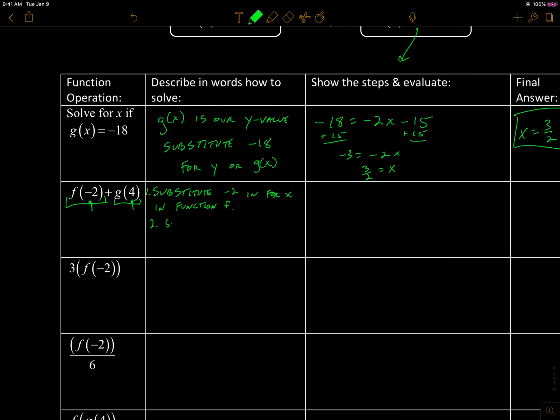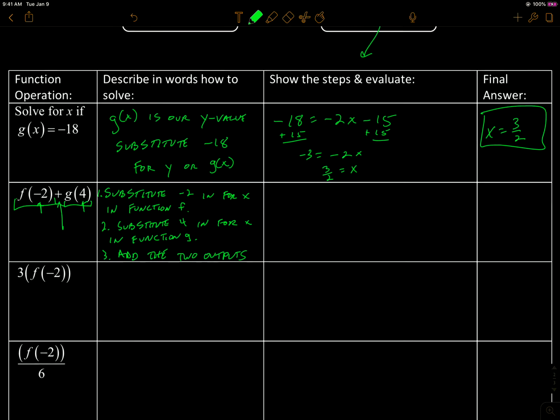Step 2, substitute 4 in for x in function g. That will produce 2 y values. Now it says to add them right here. So then I will add the 2 results, or the 2 outputs, or the 2 y values.